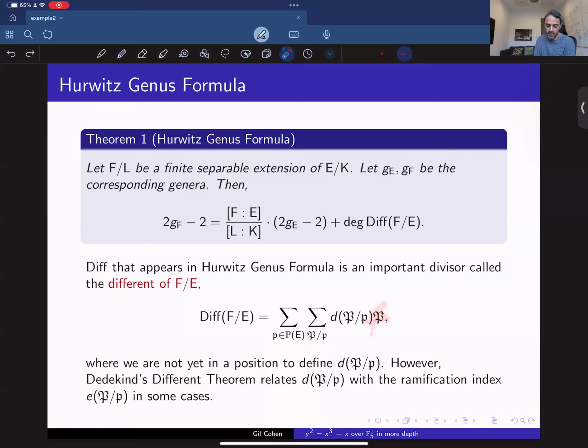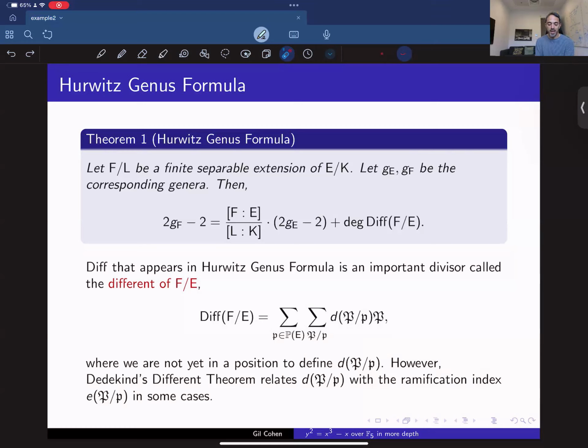And you have this prime divisor appearing here, and the number that appears as a coefficient in this different divisor. I want to define that number, and to show that this is a divisor, namely there are only finitely many such numbers that are non-zero. But generally speaking, I cannot do it yet.